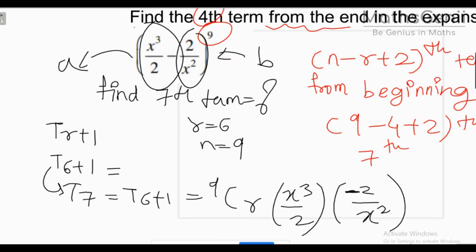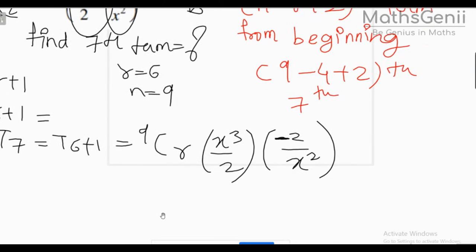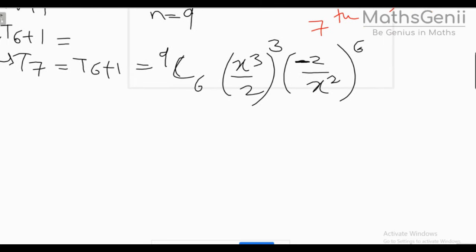Here you have a minus sign. And then the formula says, and r is 6. So here you have 6. And then a raised to n minus r. So n minus r, 9 minus 6, 3. And b raised to r. So it's 6.